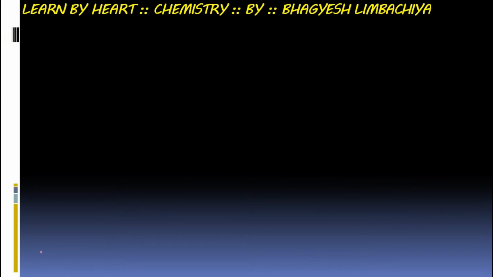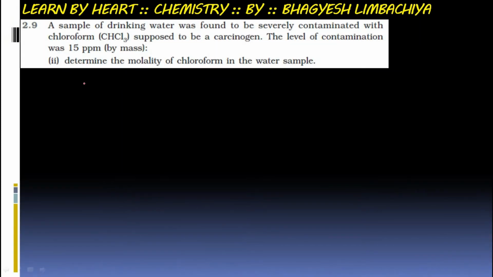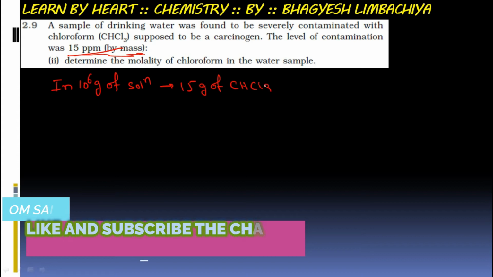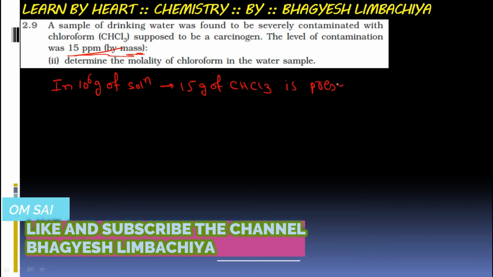Next, same question is given, and the question number 2 is determine the molality of the chloroform, and again ppm is given by mass. So the meaning of ppm we have written, and here we can say that in 10 raised to 6 gram of solution, 15 gram of chloroform is present.